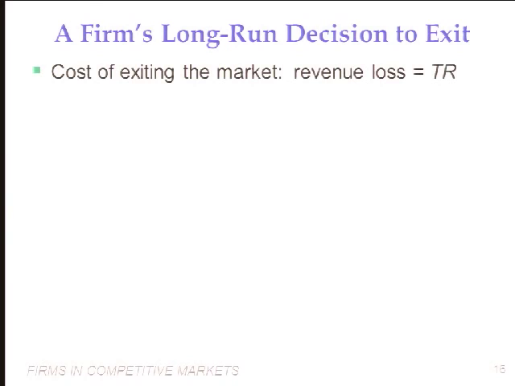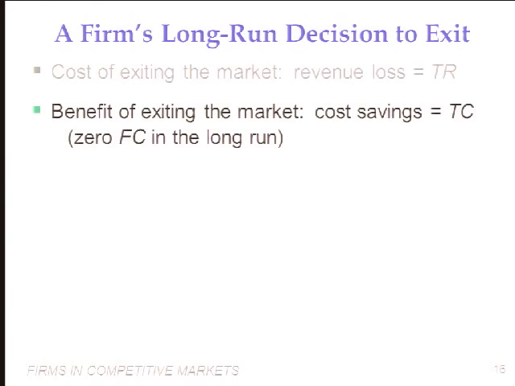Coming back to the simple example about Farmer Jack who signed a 2-year contract for land, when he gets to the first month of year 3, there is no contract, right? So he can avoid those costs by shutting down, exiting, and no longer producing wheat. So now the firm will exit when total revenues are less than total costs. Once again, if we divide both sides by Q, we get the firm decision rule, namely it will exit when price in the long run is less than average total cost, not average variable cost as existed for the shutdown decision in the short run. Okay?